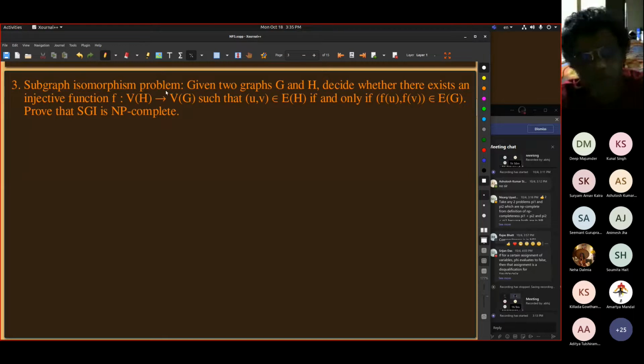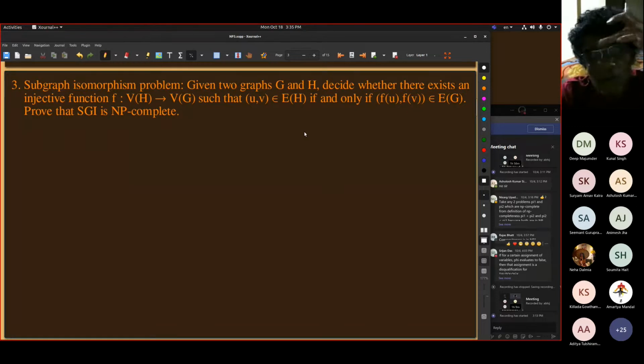So this is something like this. Given two graphs G and H, it's essentially asking the question whether you can embed H in G. Somehow you map vertices of H injectively to vertices of G, such that for any two vertices U and V in H, the edge (U, V) exists if and only if, for that injective function F, the edge (F(U), F(V)) in G exists.